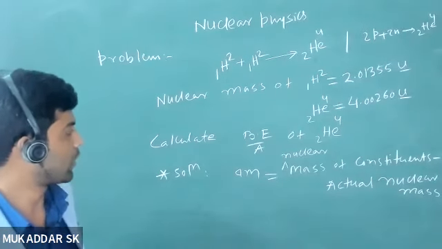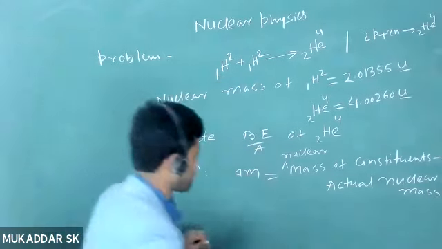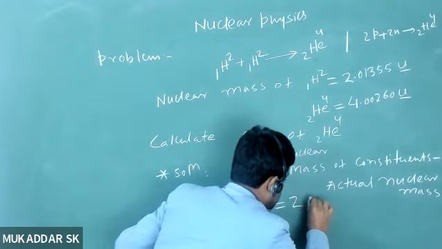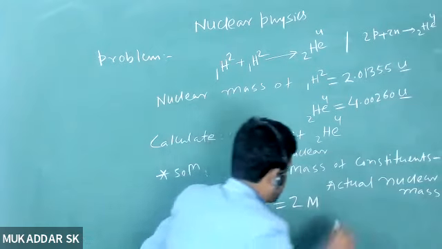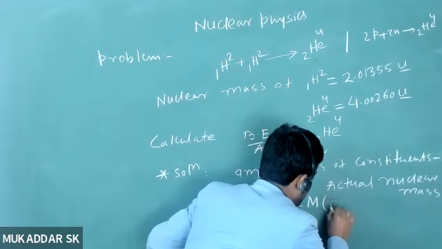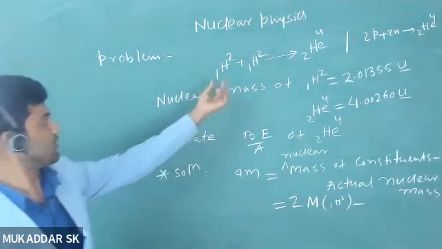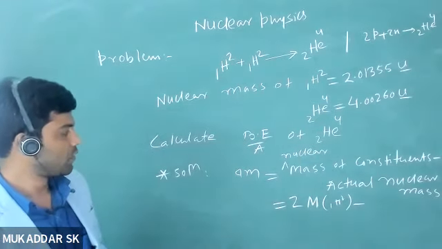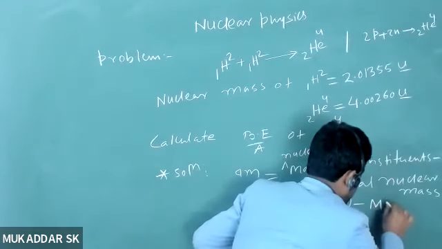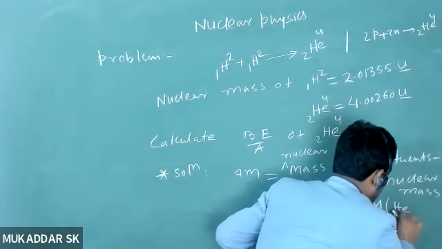Yes, sir. Okay, now you see that the mass of constituents means you have constituents that is 2 times mass of 1H2, that is the mass of constituents. You have constituents that is 2 deuterium. So mass of the constituents minus actual mass of what? Helium 2,4.